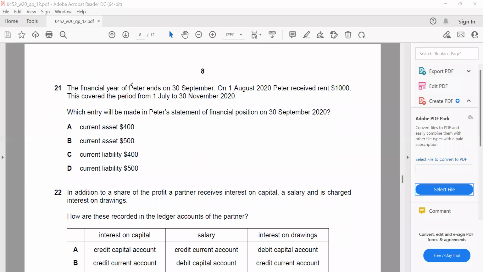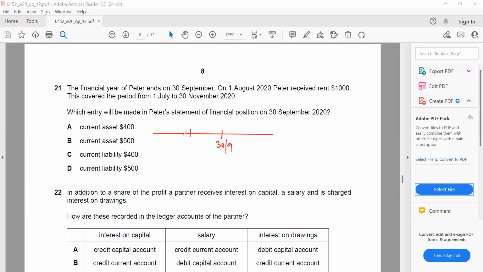The financial year of Peter ended on 30th September. On 1st August 2020, Peter received rent 1,000. This covers the period from 1st July to 30th November. So we put in the timeline. The financial year end is 30th September.